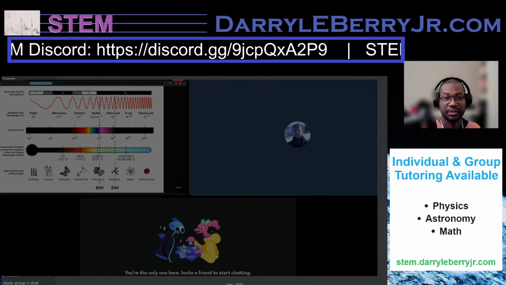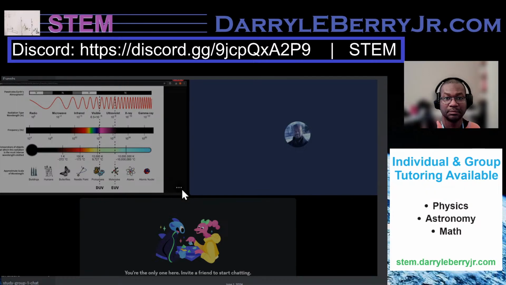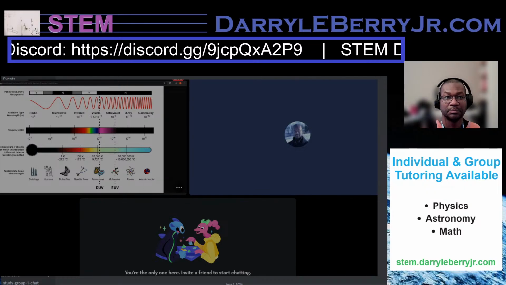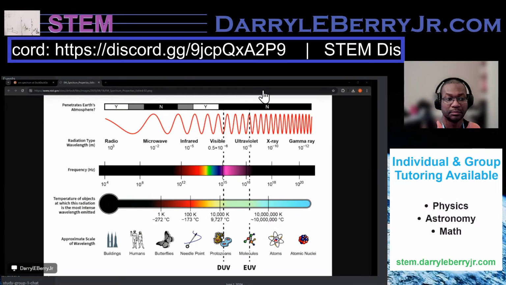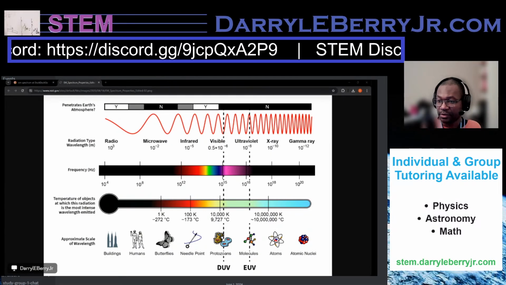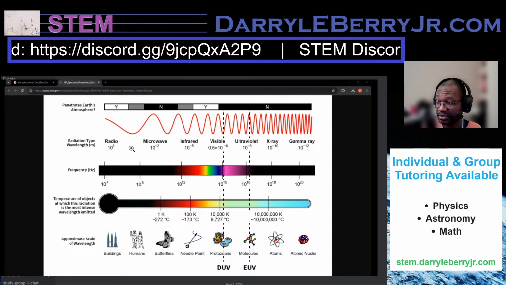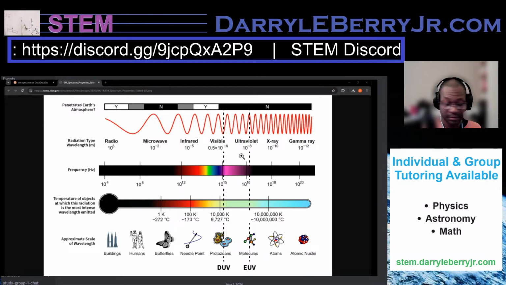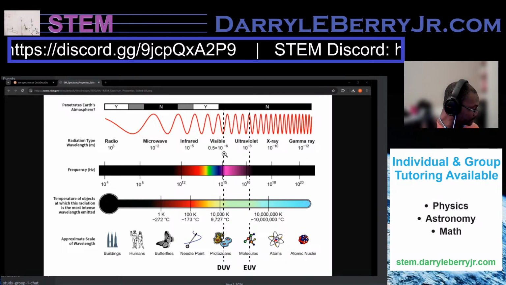So this is the image here. This is in meters, so it's easier to read. So we have 254 nanometers.